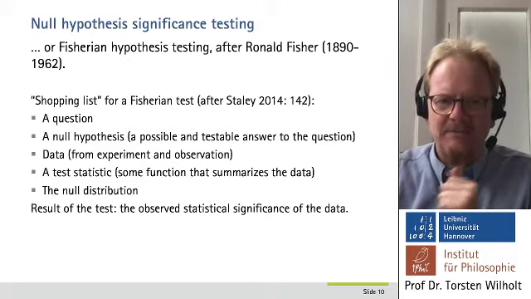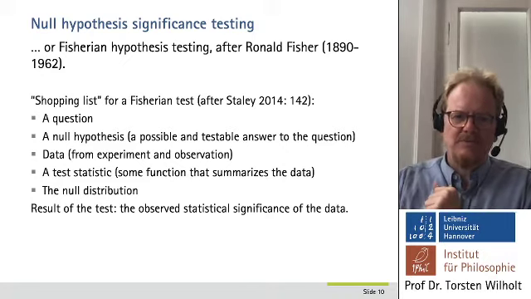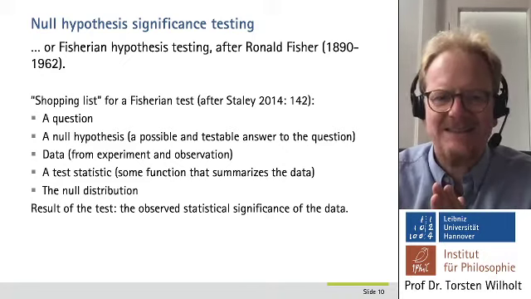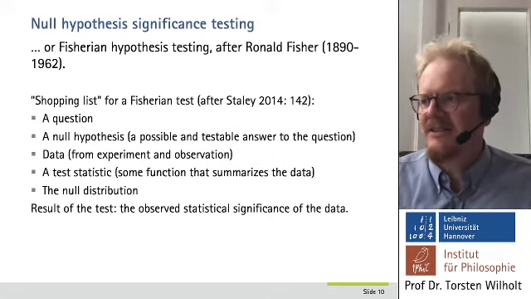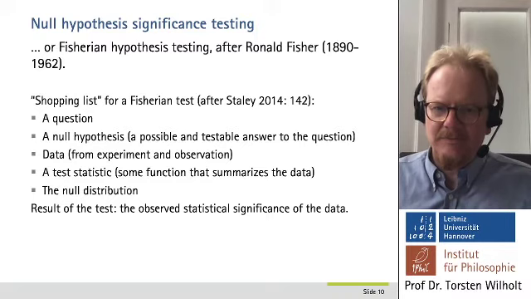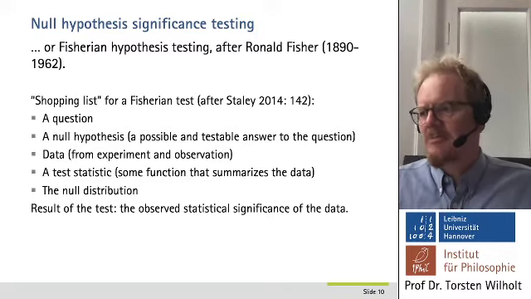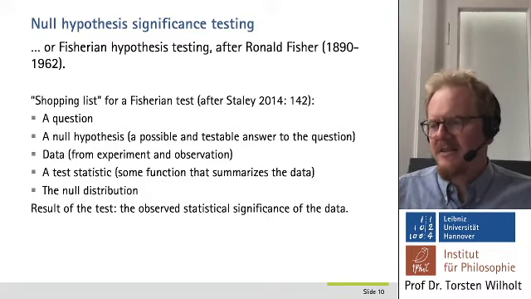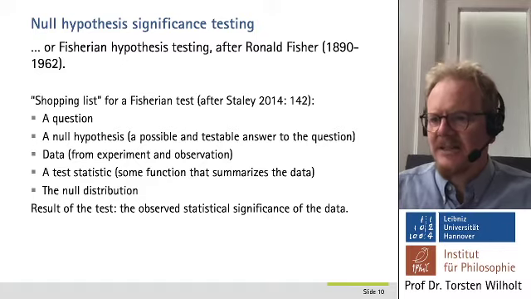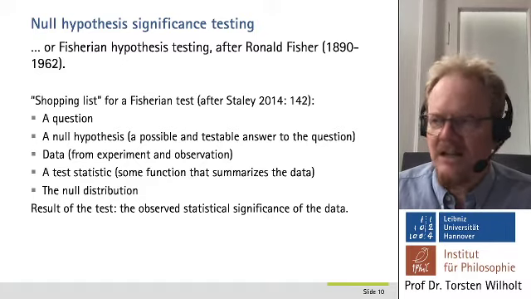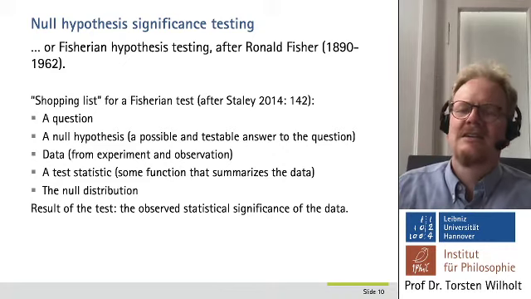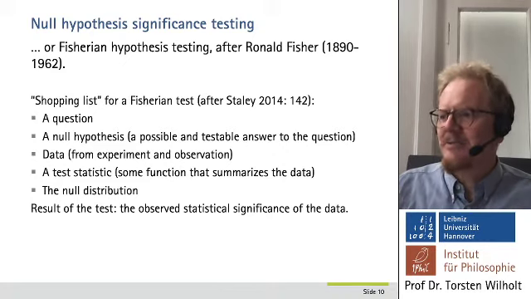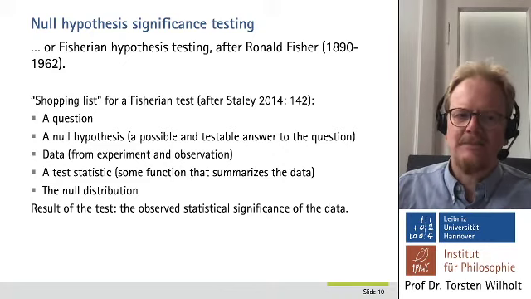You of course need some data from an experiment or an observation, and you need what's called a test statistic. That's some function that summarizes the data. I'm going to talk a little more about this when I apply these things to our example. And you need the null distribution. That is, you need the distribution that is theoretically predicted by the null hypothesis.